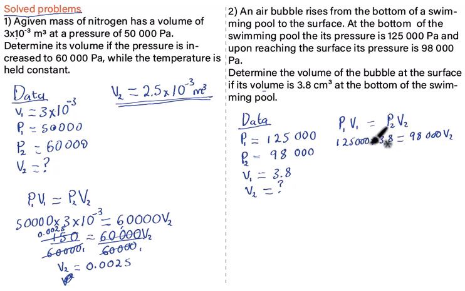Okay, this value times 3.8 gives us 475,000, which is equal to 98,000 V2. So we divide both sides by 98,000, right? Both sides by 98,000. This cancels out. This one.